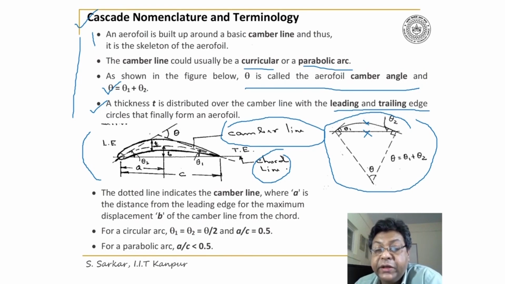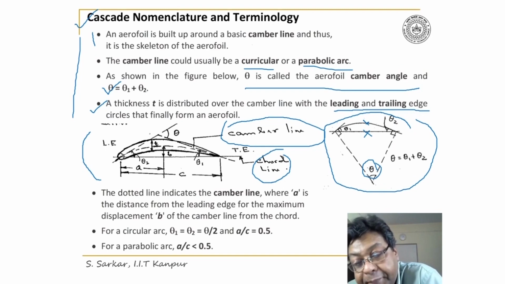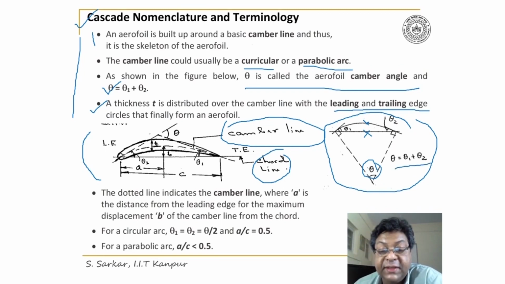Similarly, at the trailing edge, you would get theta 2. And if you draw a perpendicular to the tangent at the leading edge center, and similarly a perpendicular at the trailing edge center, then theta is the angle held by these two perpendiculars. So thus theta would be theta 1 plus theta 2.